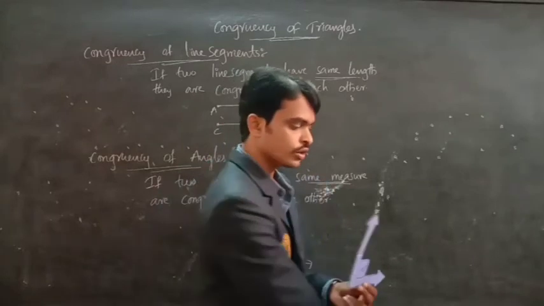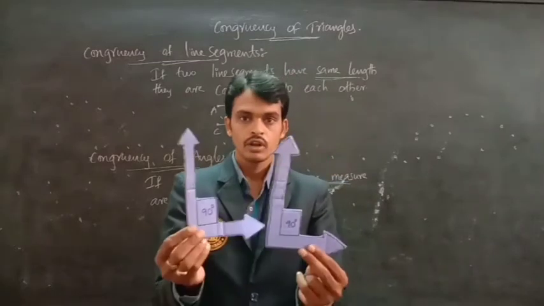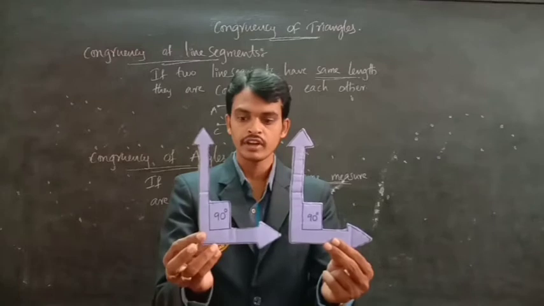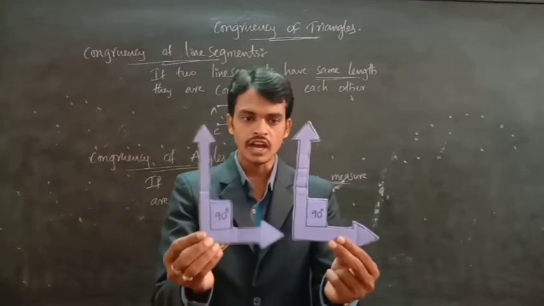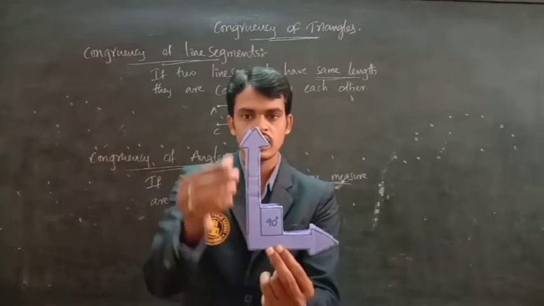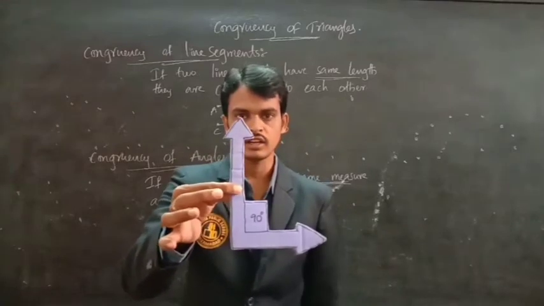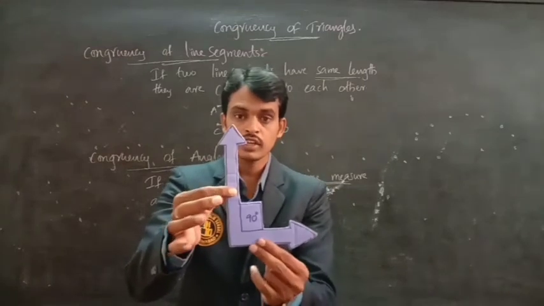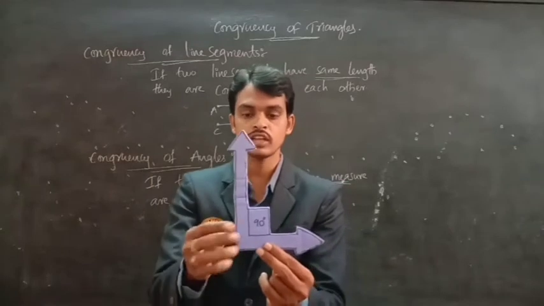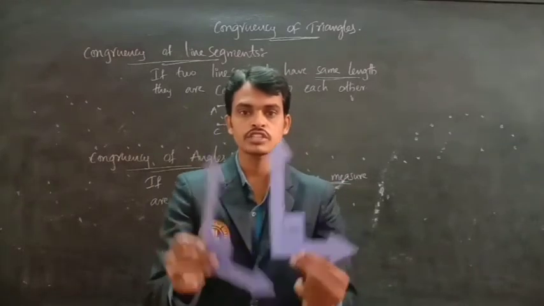When are they congruent? If the two angles measure the same, 90 degrees and 90 degrees, are they superimposed on each other? Yes, they are. When they measure the same angle, these two angles are congruent to each other.